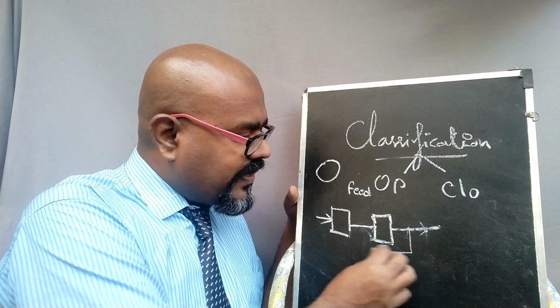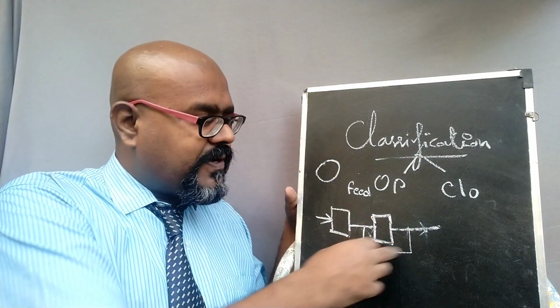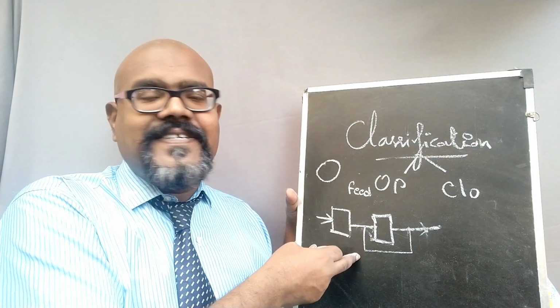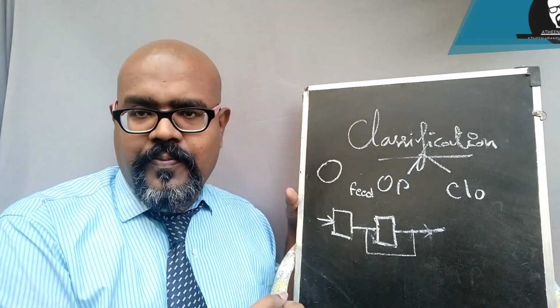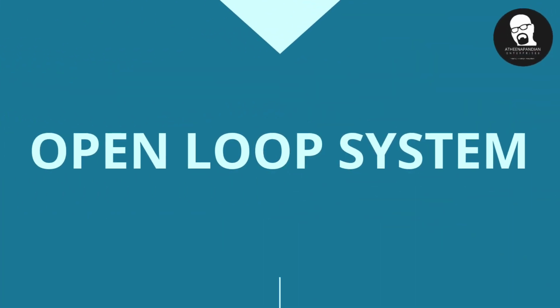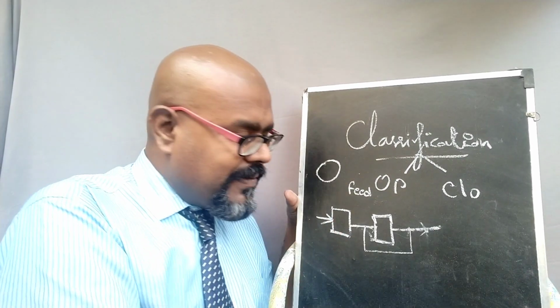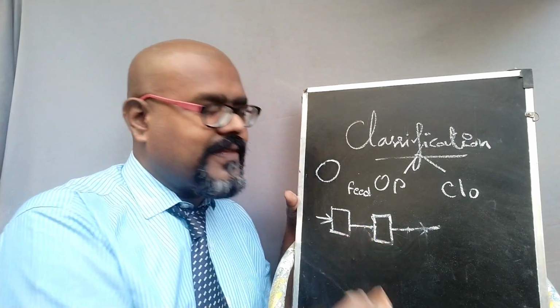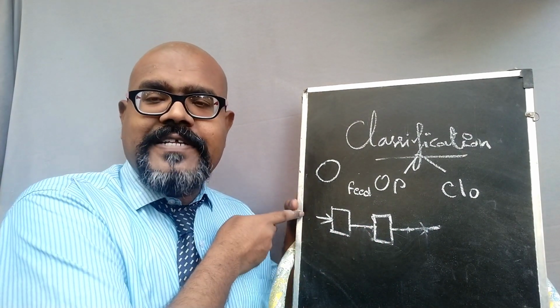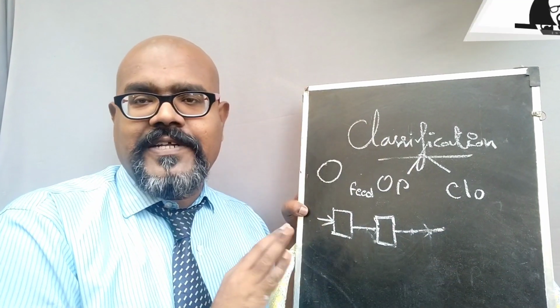According to this feedback loop, we can classify the system as open loop and closed loop. An open loop system does not have any feedback path. It does not have any loop. It starts from the input and ends at the output. That is all.